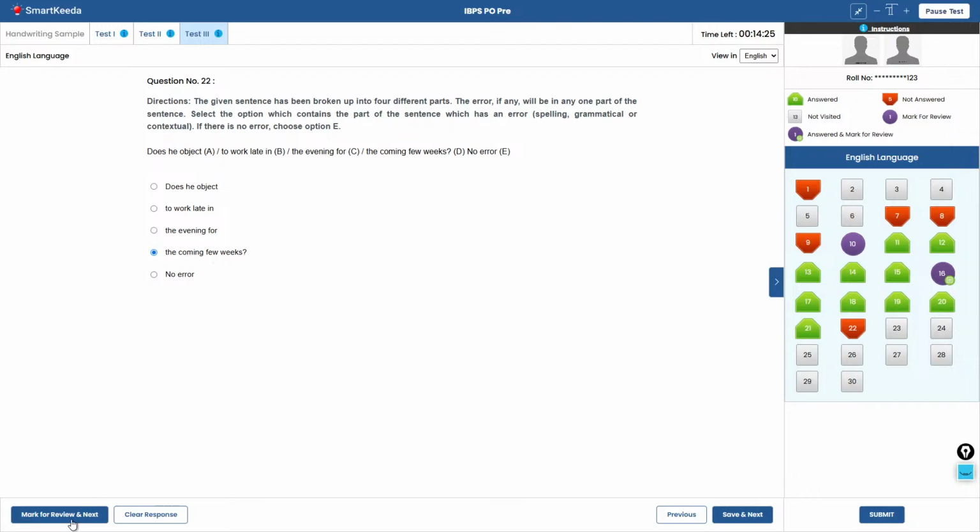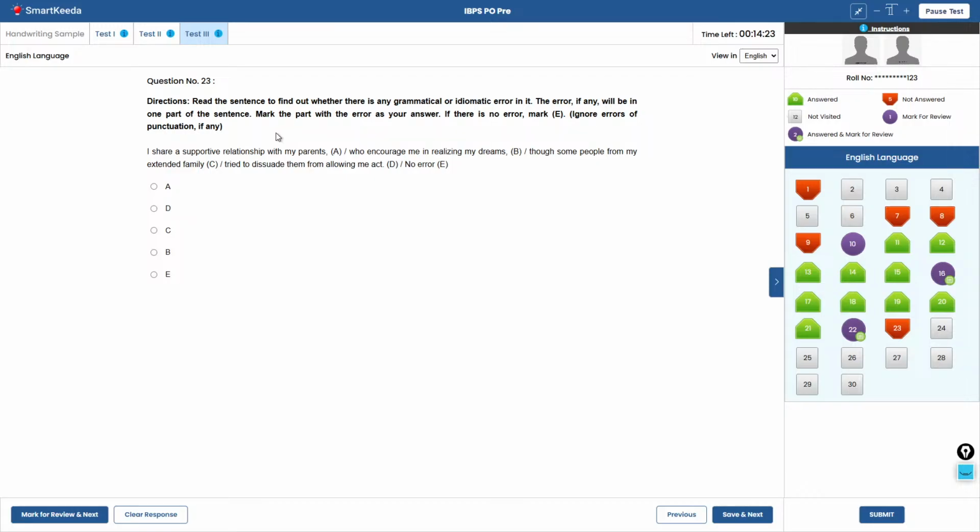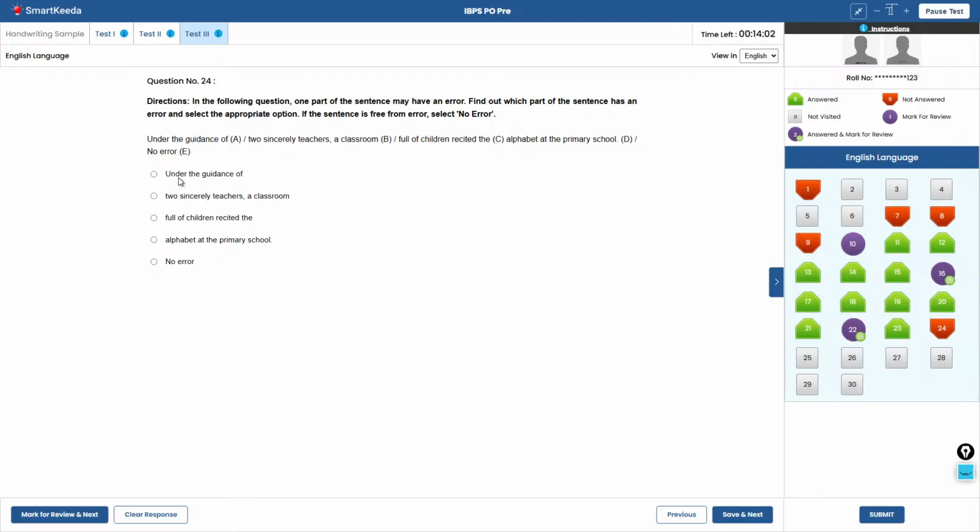I think this one is a bit shaky. I share a supportive relationship with my parents who encourage me in realizing my dreams, though some people from my extended family tried to dissuade them from allowing me to act under the guidance of two sincere teachers.